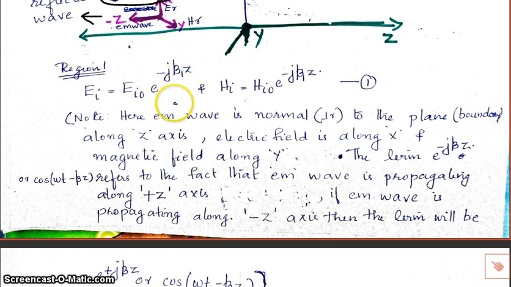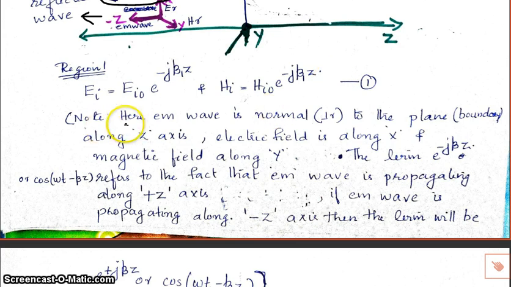Please keep it in mind. Now repeat, Ei is equal to Ei0 into e raised to minus j beta1 z. Similarly, the magnetic field Hi is given by Hi0 e raised to minus j beta1 z.